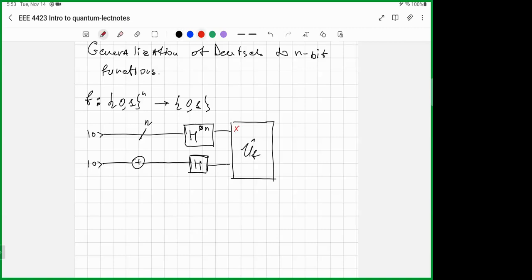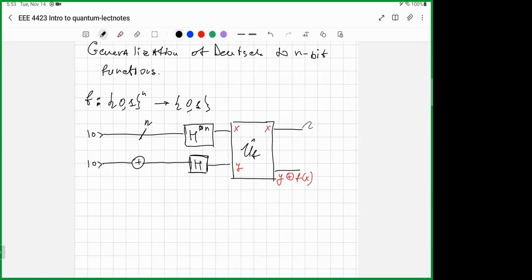We call this one X state, this one Y state, and this operator returns the X to the output here, but the output here is equal to Y plus modulo 2 f of X.